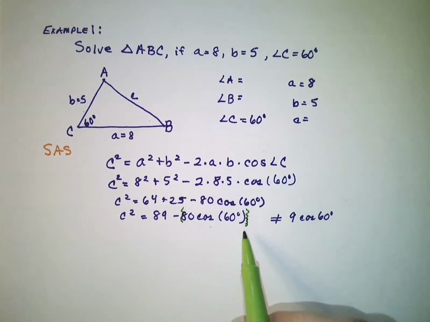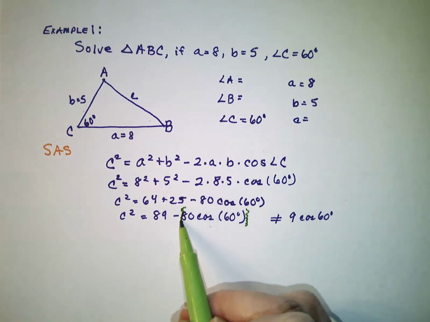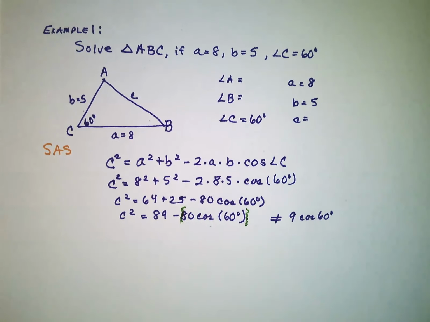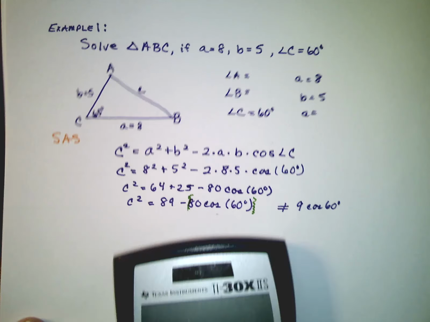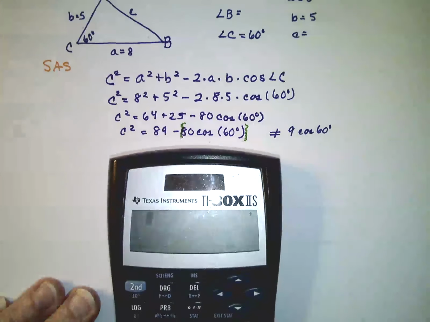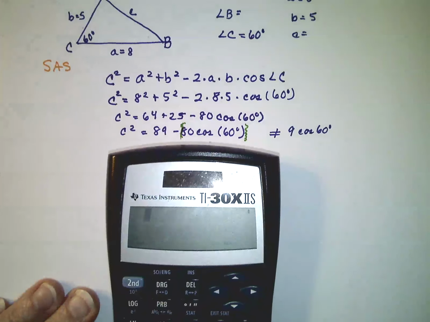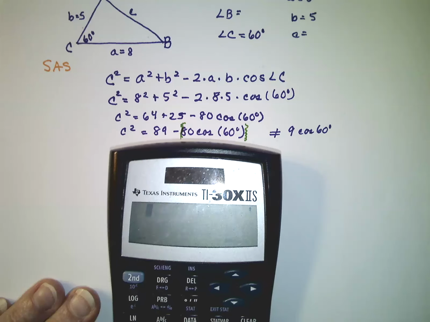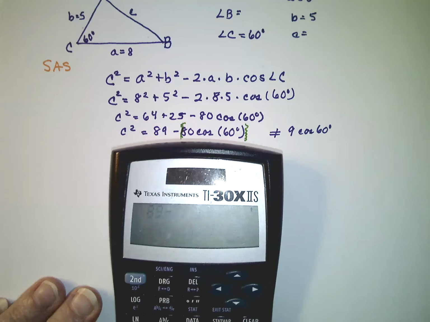80 times the cosine of 60 degrees, that is all one single term. So that's how we're going to have to enter it into the calculator. For a scientific calculator, you can just put it in directly. Make sure it's in degree mode. 89 minus 80 times cosine of 60 degrees.